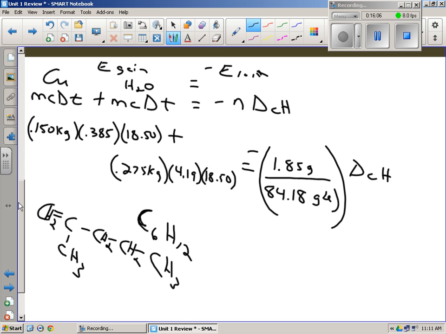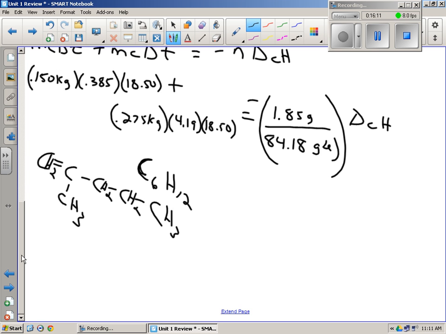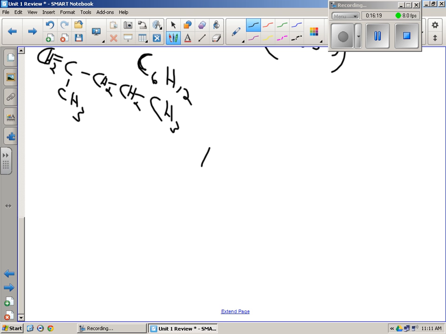We can calculate delta CH finally. So remember, this plus this divided by all of that stuff there, yes? So all said and done, delta CH should be 1019 kilojoules per mole is what you should get for that.